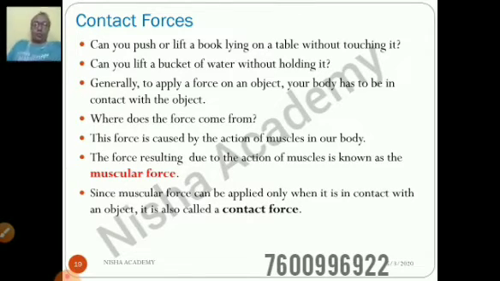Contact forces. Now try to lift a book or a table without touching it. This is very important for you. Try to lift a bucket full of water without holding it. Can you lift it?